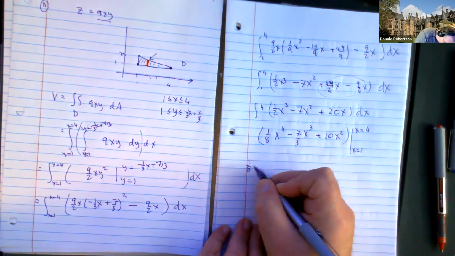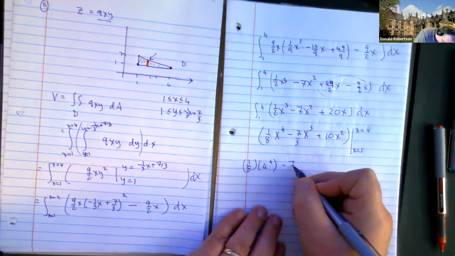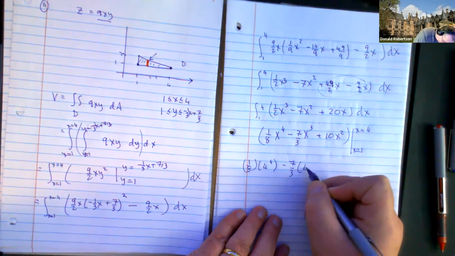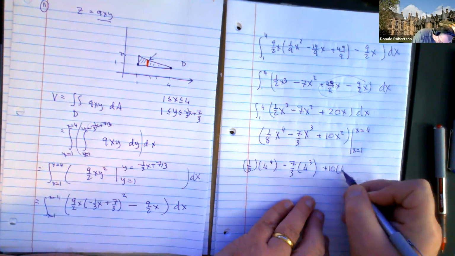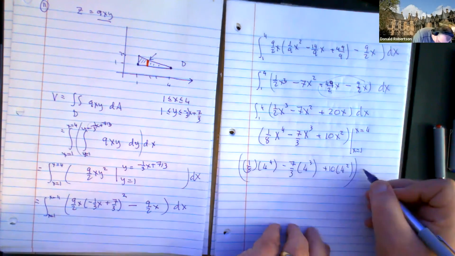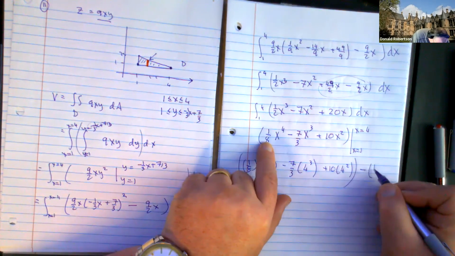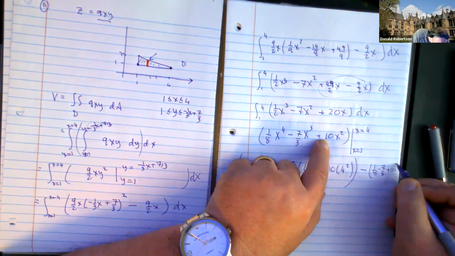So that's 1/8 times 4 to the 4, take away 7/3, 4 cubed, plus 10 lots of 4 squared. Take away essentially 1/8 minus 7/3 plus 10.